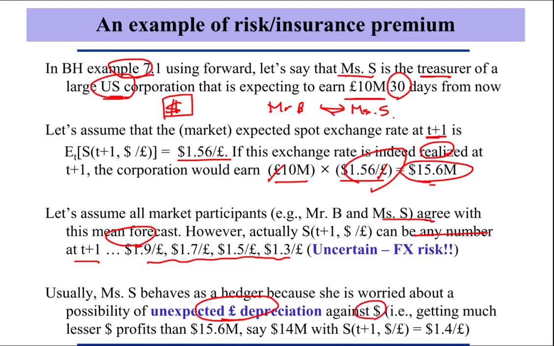If there's an unexpected pound depreciation, that means even though Miss Sell is sure to get 10 million pounds, in dollar terms she will get a much lower dollar value because of the pound depreciation. For example, she will get much less dollar profit than 15.6 million when the future exchange rate is indeed $1.4 per 1 pound, then she will get only $14 million.